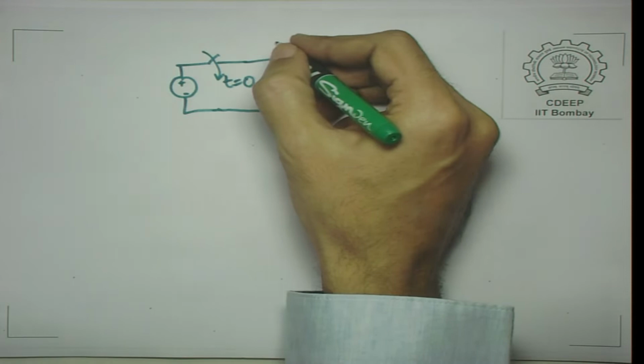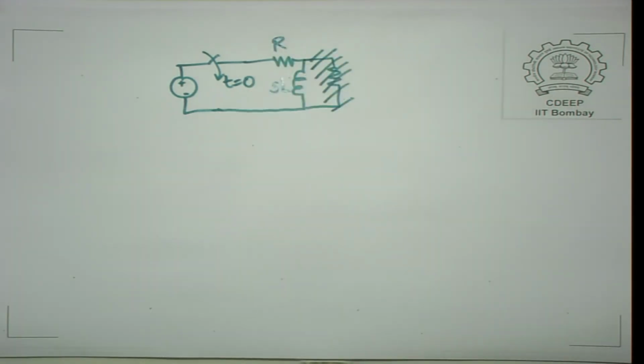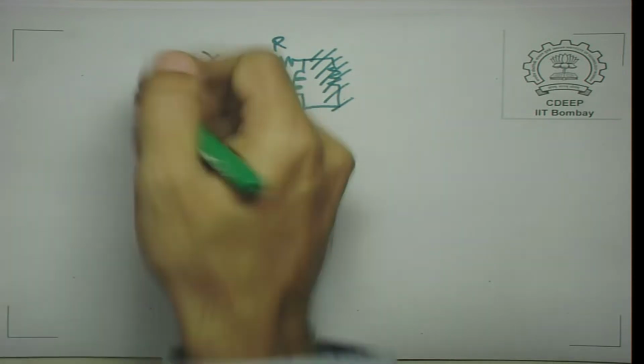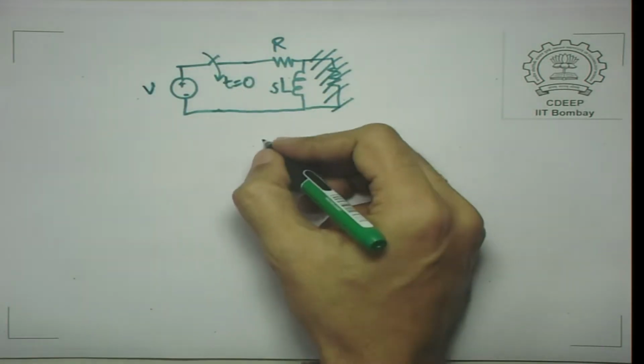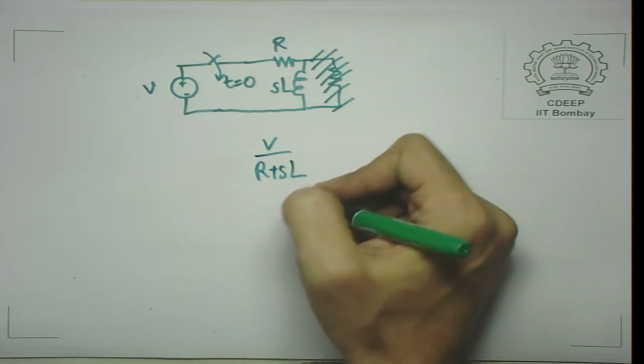In fact, you can look at it as if you have got a kind of impedance, and R plus SL is the impedance. If the input is V, then V upon R plus SL denotes the response.